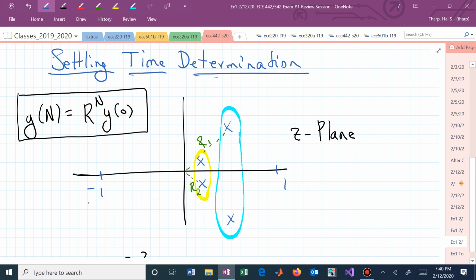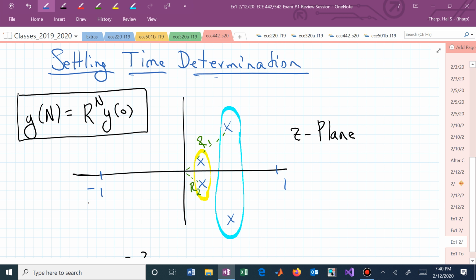You now have 1 over 4, 1 over 16, 1 over 64, compared to 1 over 2, 1 over 4, 1 over 8. Do you see that the poles at R sub 1 are slower and they dominate the response?